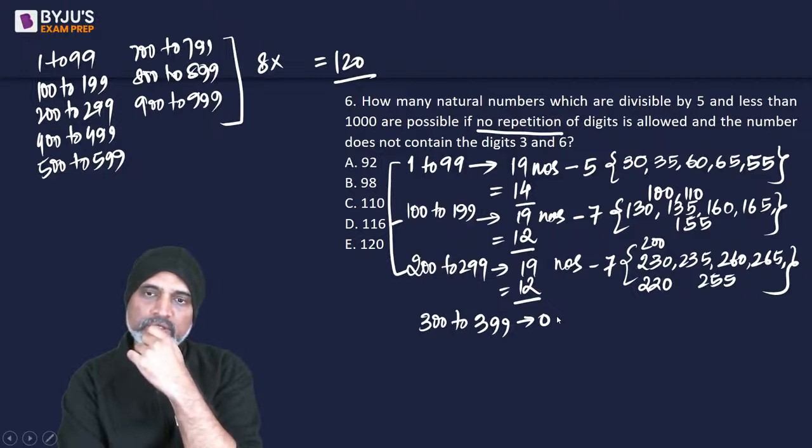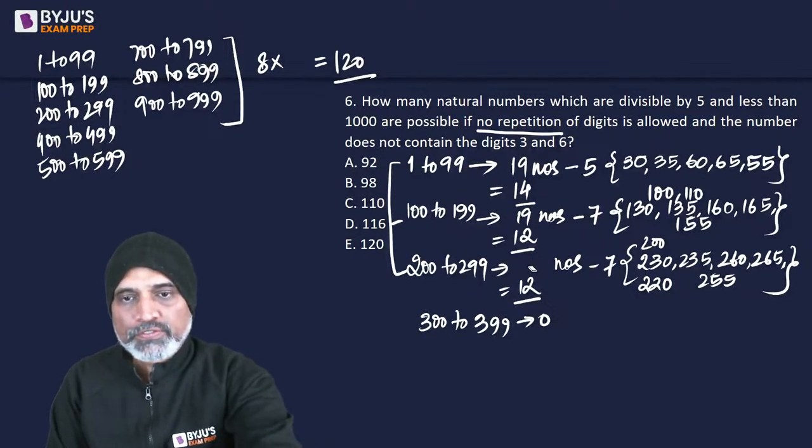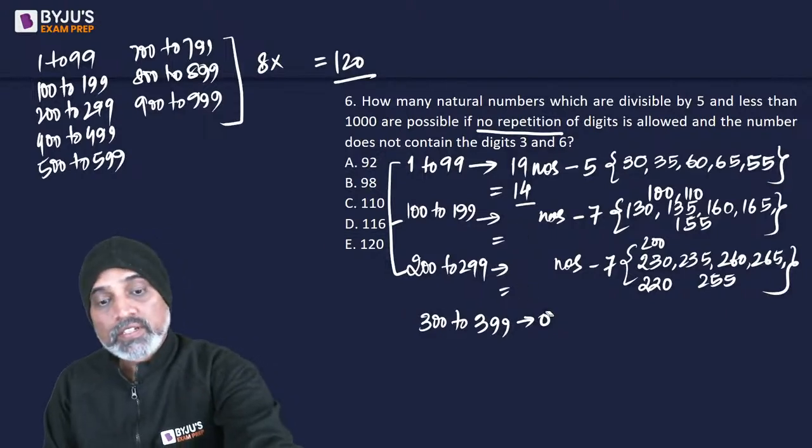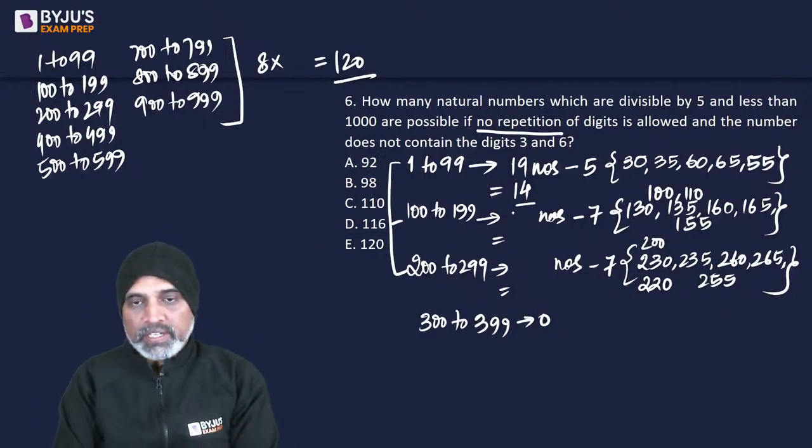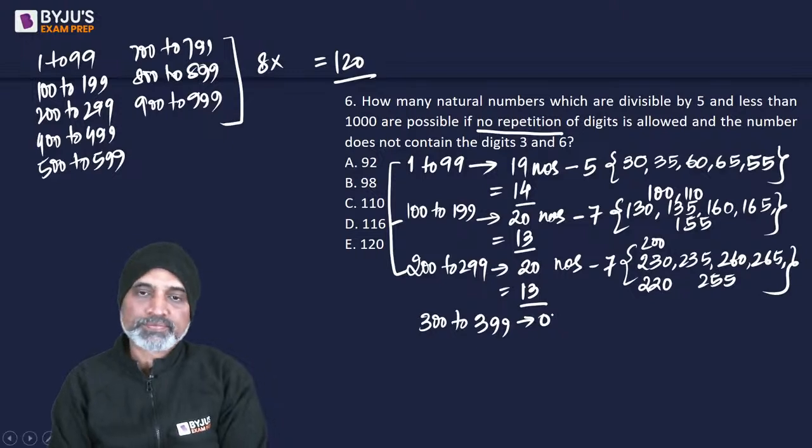So, hold on, 200 to 299. There will be 20 numbers which are in the table of 5, not 19. बहुत गड़बड़ हो रहा है. 20 numbers minus 7, so 30 numbers.